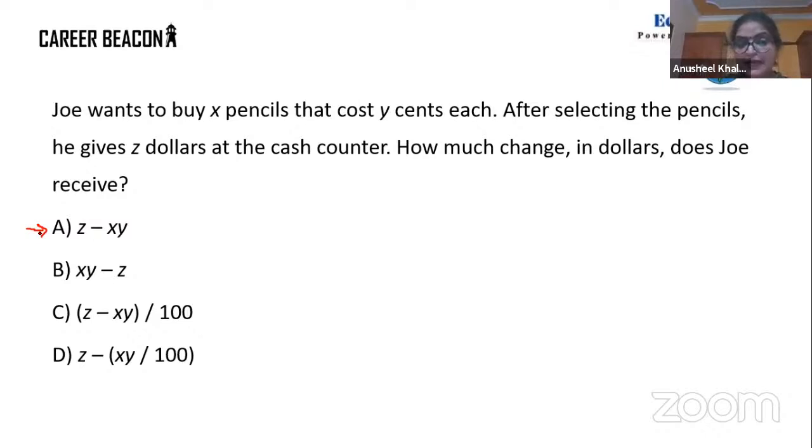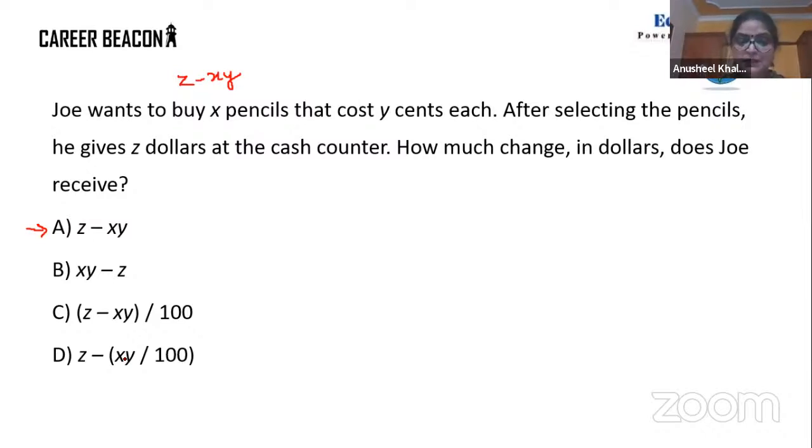So if I see whatever I'm getting by simply manipulating the variables or forming the expression based on simple calculations, and I see that A is the correct answer, will I ever move to B, C, and D and check whether other answers can be the correct answers? No, right? So this is what Joe does.